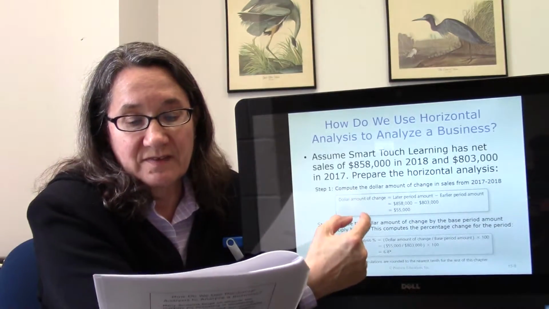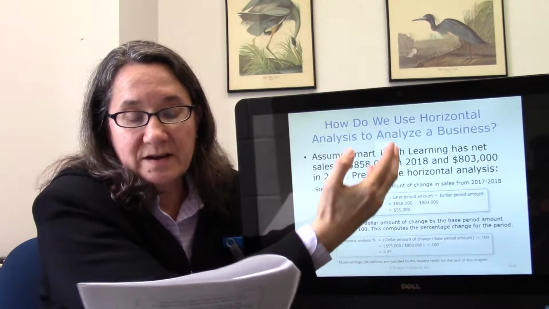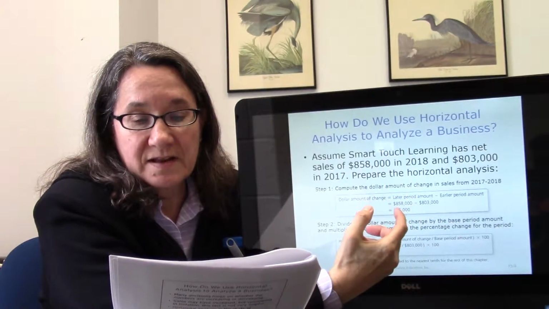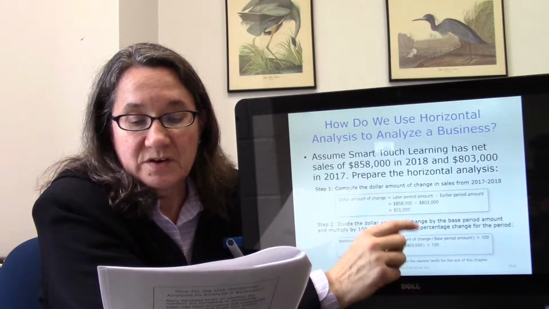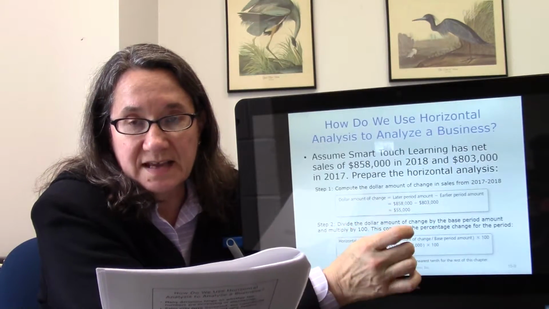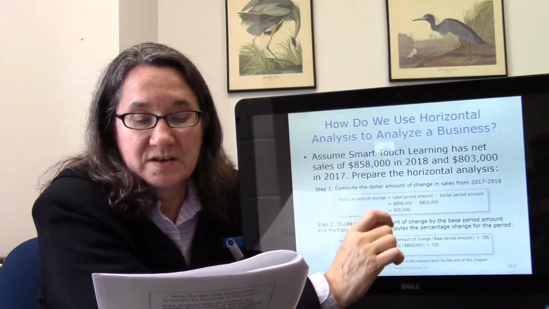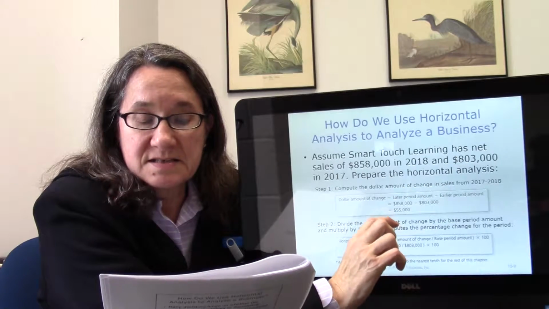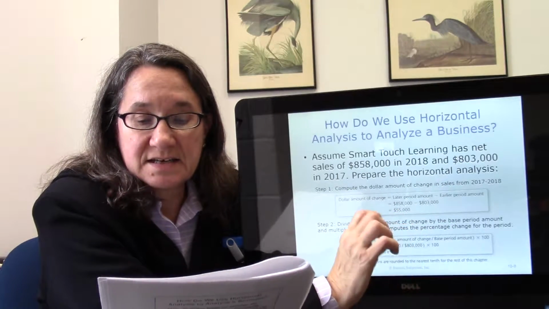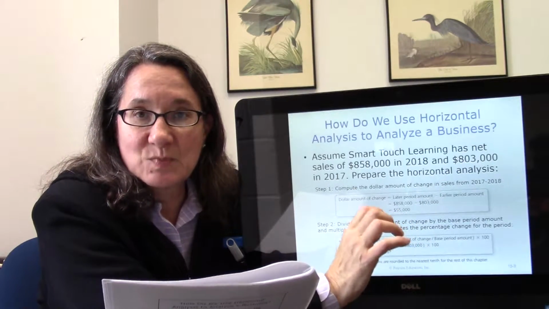So you take that 55,000, divide it by the 803,000, so that you get the answer of 0.068. Then you multiply that by 100 and you get 6.8. So that means that from 2017 to 2018, sales increased 6.8%.